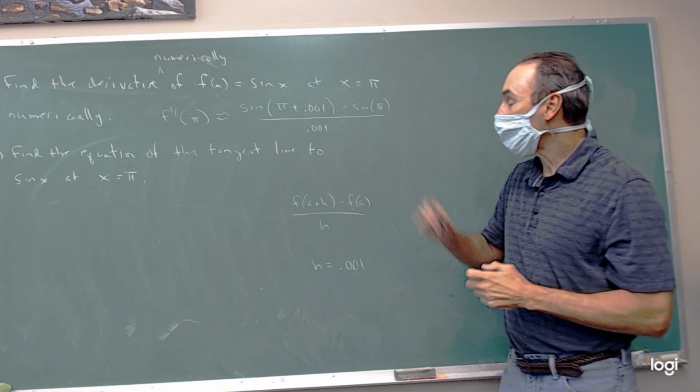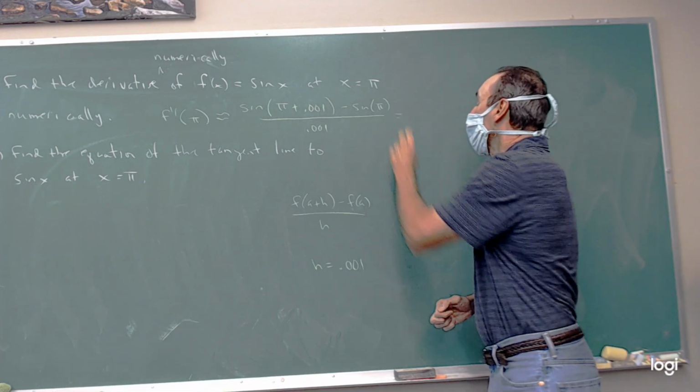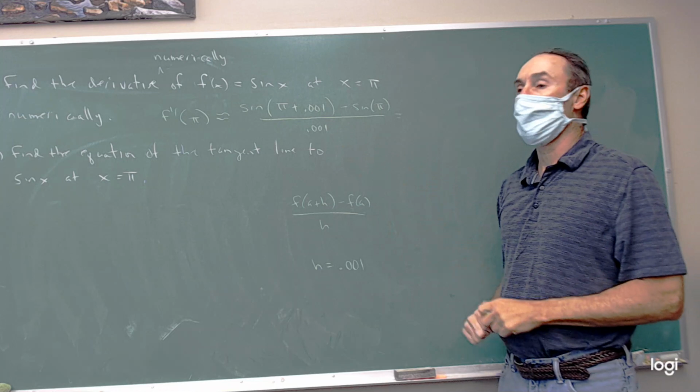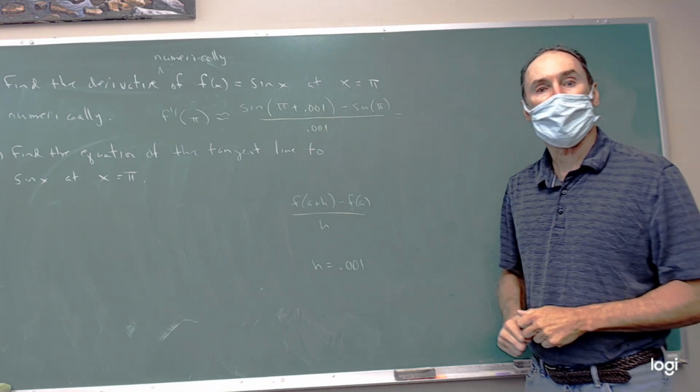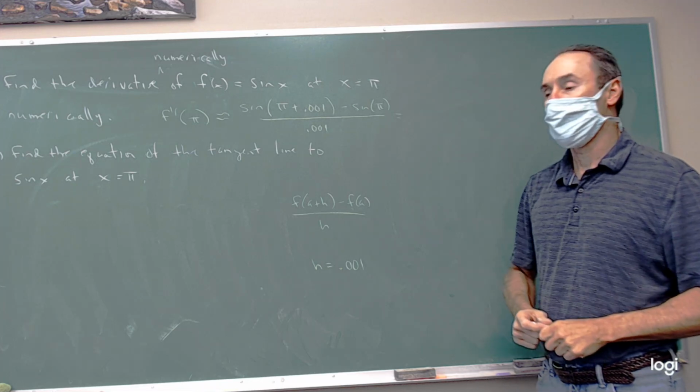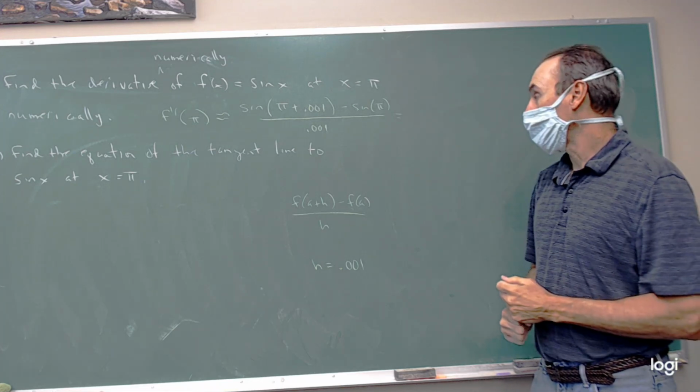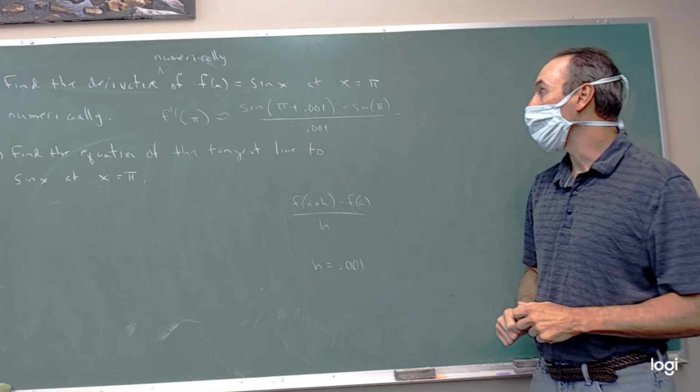Okay, so do that on your calculator. When I did this before, I used an even smaller one, like 0.00001, and then I got exactly what we needed. Let's see how accurate this is.